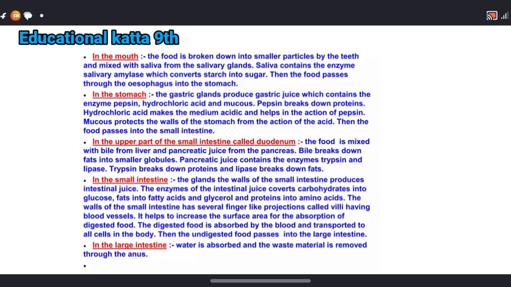Inner lining of small intestine has numerous finger-like projections called villi, which increases the surface area for absorption. Small intestine is the site of complete digestion of food. Secretions from liver and pancreas enter the intestine to help the digestion process.